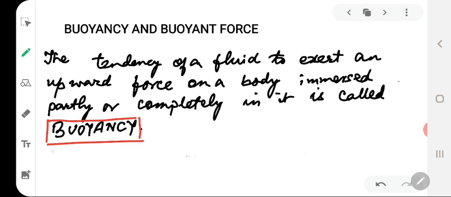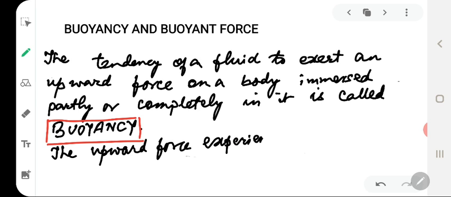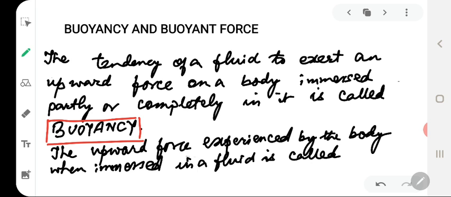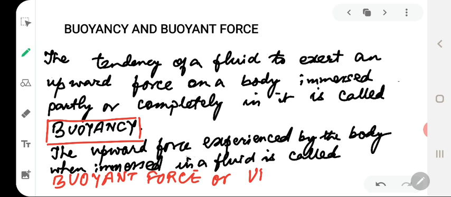Obviously, the upward force experienced by the body when immersed in a fluid is called buoyant force or upthrust.